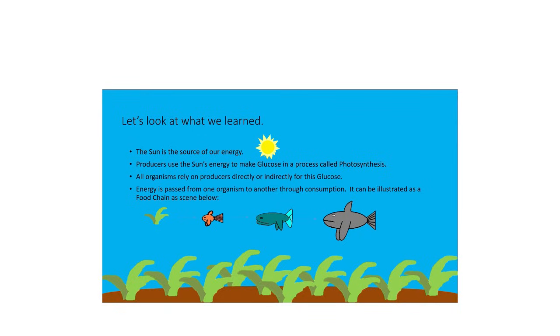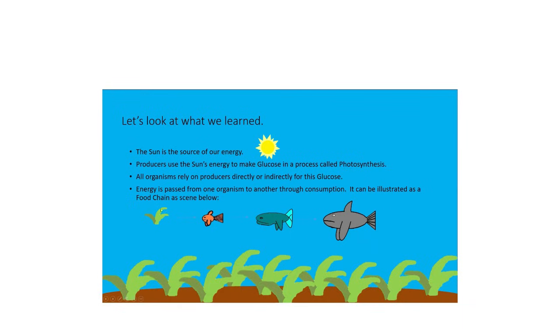Energy is passed from one organism to another through consumption or eating, and it can be illustrated as a food chain, as we see here below. Here we have the producer. We're going to call anything that eats a consumer. So we have here our producer, we have the first consumer, the second consumer, and the third consumer here.